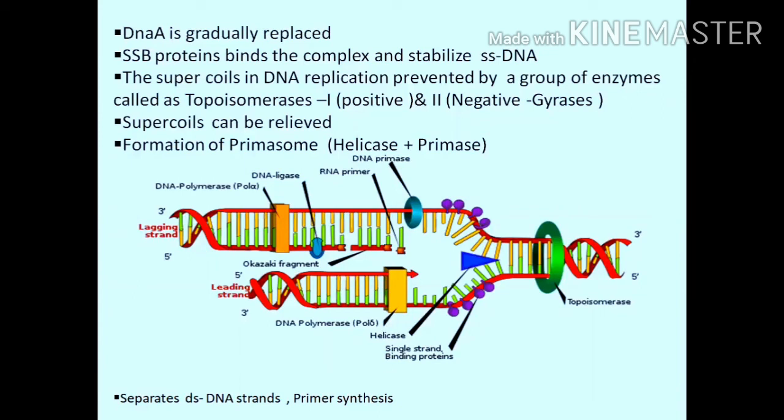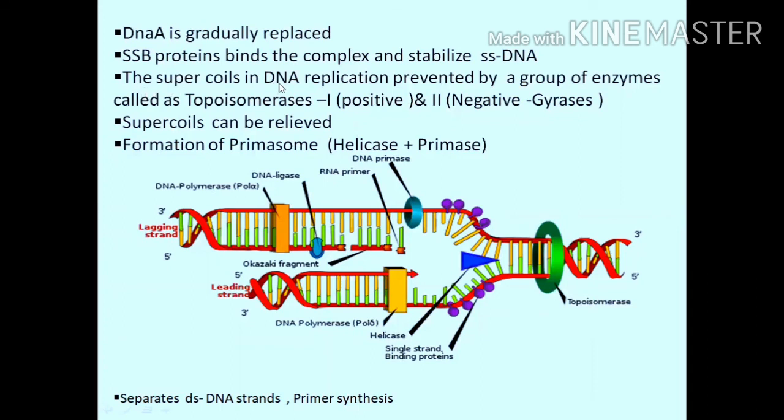Then, a group of enzymes is required for relieving the torsion stress in the DNA strands. Those enzymes are called topoisomerases. These topoisomerases prevent the supercoiling of DNA molecules.